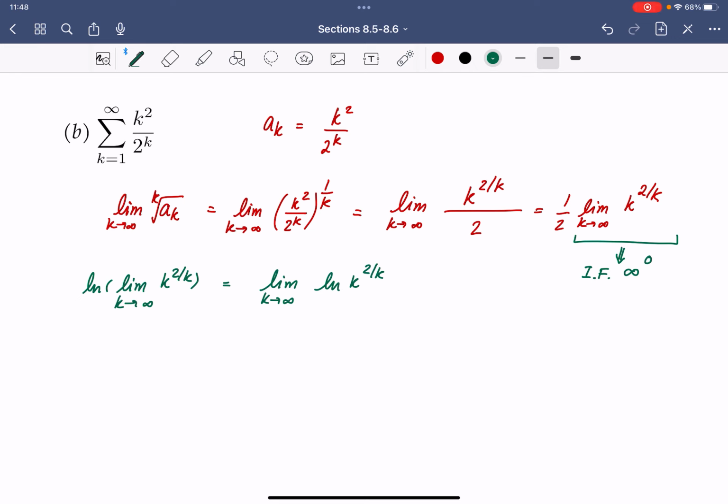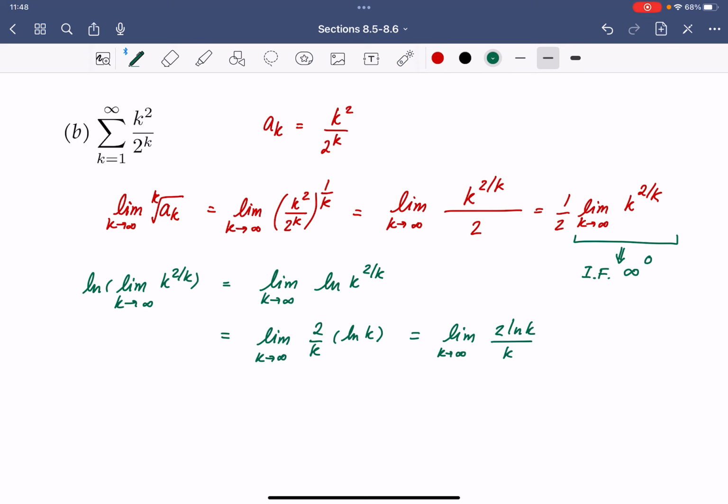Now move 2 over k to the front of the logarithm: 2 over k times log k. Similar to your homework, right? That's one question on the homework where I ask you to do k raised to the 1 over k. So this is kind of similar to that one. Now it's 2 log k over k here.